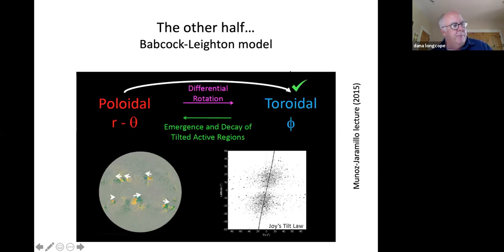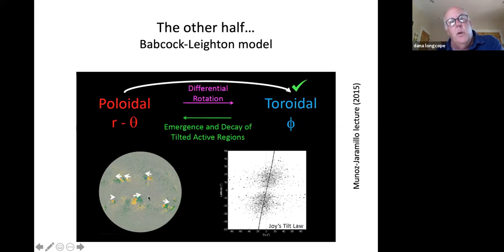What the Principles of Heliophysics does in chapter 4, in some of the sections, is to go through something called the Babcock-Leighton dynamo, which may or may not be related to the alpha effect, but most people think of it as distinct because it really looks at the surface magnetic field. And what it observes is that when these sunspots emerge, they're mostly toroidal.